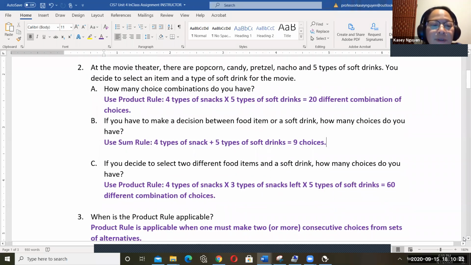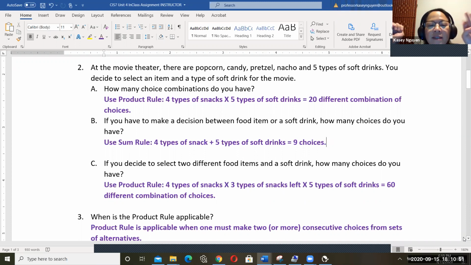Okay, so for 2C, if you decide to select 2 different types of items to eat, 2 food items and a soft drink, how many choices do you have? So what we will see here is that when you make your first choice, you have 4 options in the snacks, okay?